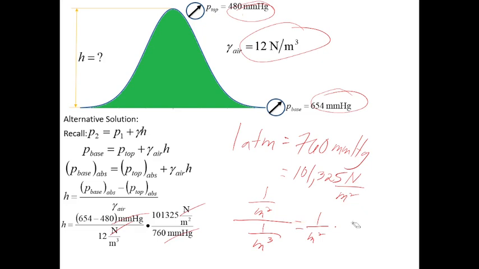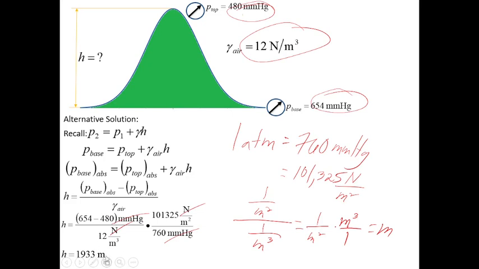So we have cubic meter over square meter. We have meter. So the unit now is meter. So we have 1,933 meters. So this is an alternative solution.